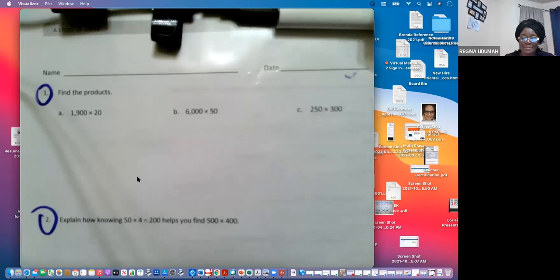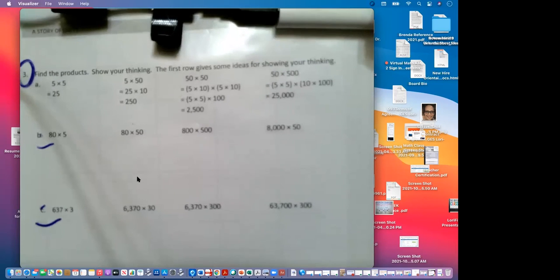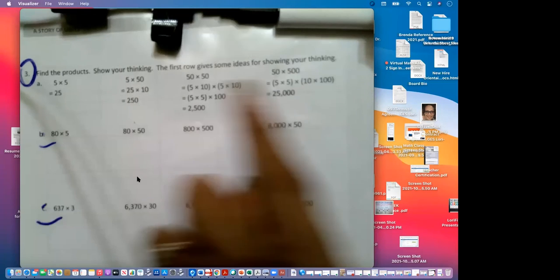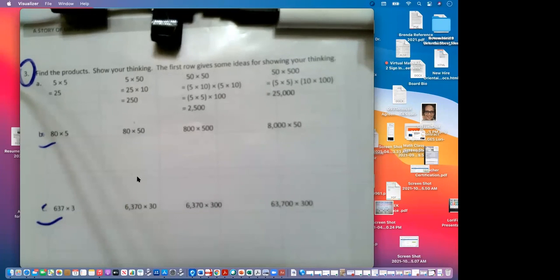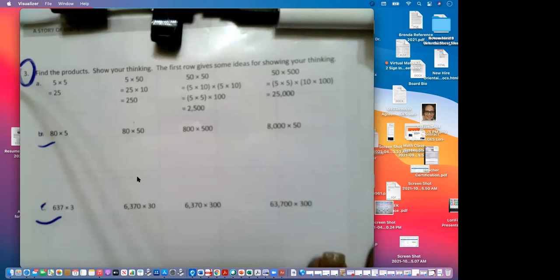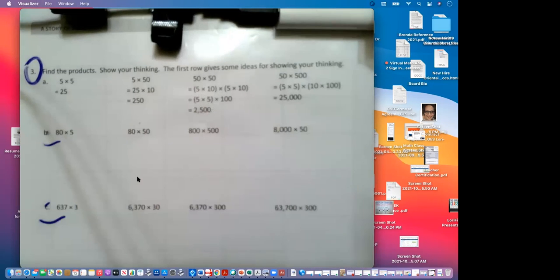And then you're gonna do page 25, 3B and C. The strategies are up here to help you figure it out. You can choose any of the strategies to help you figure out the answer. And I put it in the chat.